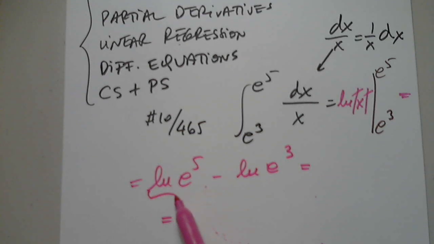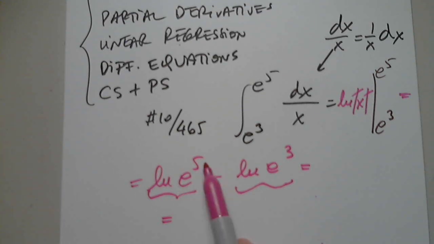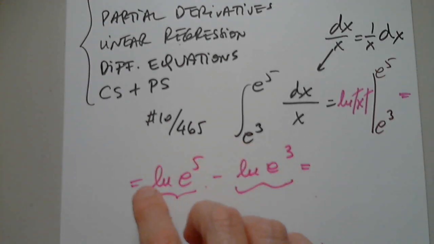Anyone remembers a property of natural log when natural log or log is applied to a power? How do I simplify this? There is a property of the log that allows us to simplify log of e to the fifth power. How do we do that?